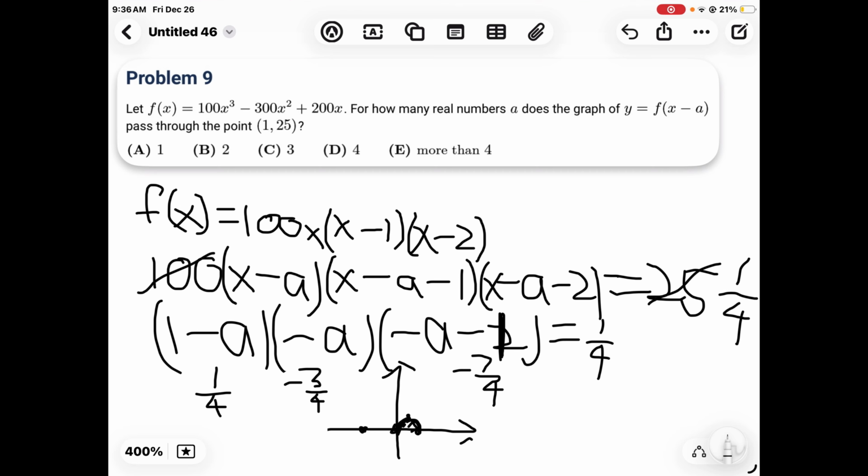Now, time to test out negative 1/2. So at negative 1/2, here we have 3/2, here we have 1/2, and here we have negative 1/2. So we have negative 3/8. So looks something like this. And then it comes back up. Now here, since it comes back up, it will look like this. So we have 3 solutions, which is C.